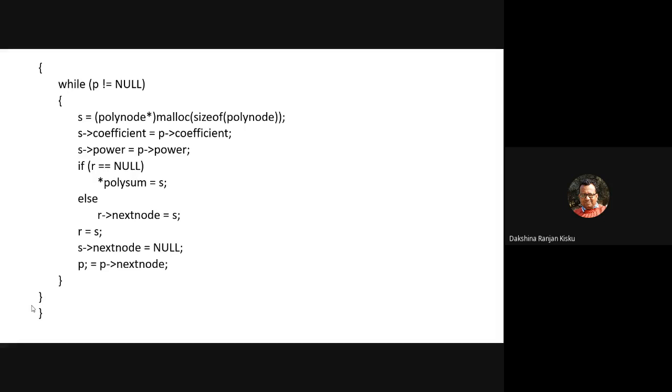So here when r is found to be null, then we will assign s to the polysum pointer. Otherwise, our next node will be assigned by s. Okay, and we will make r equals s, and make s next node equals null, and then p will be advanced. The pointer p will be advanced to the next node. Okay, so that is why we are writing p equals p next node.